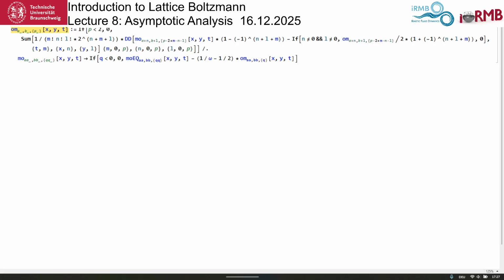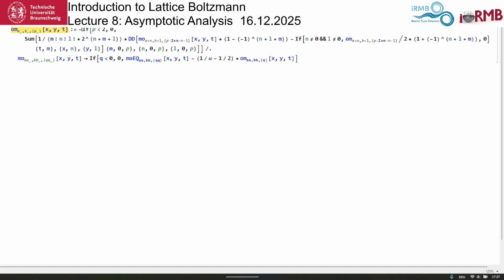So I made one mistake. If I put this omega on the other side, then I have to put everything with a minus in front.